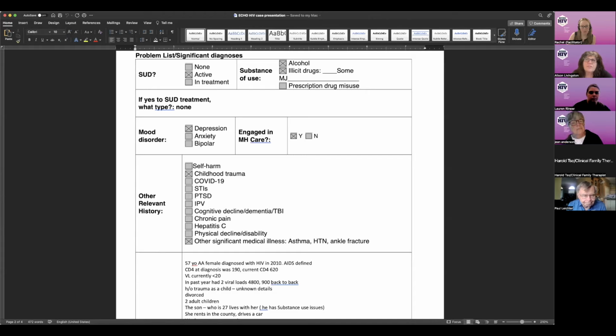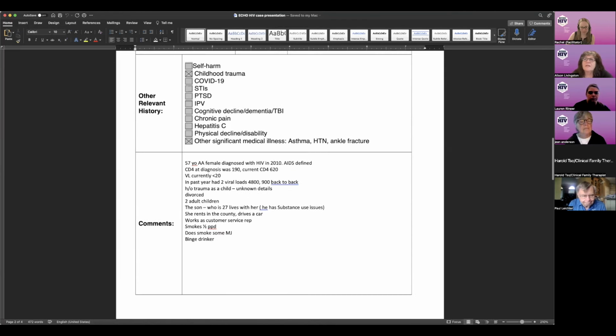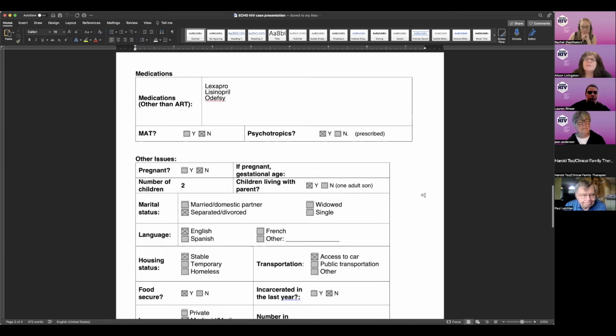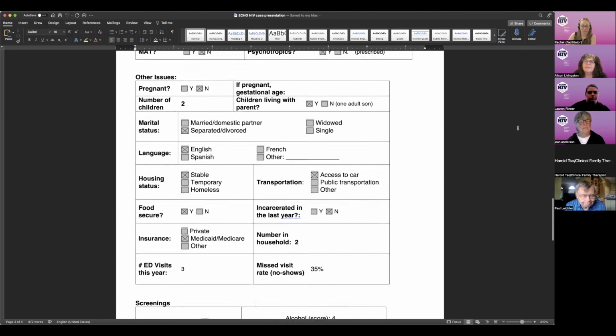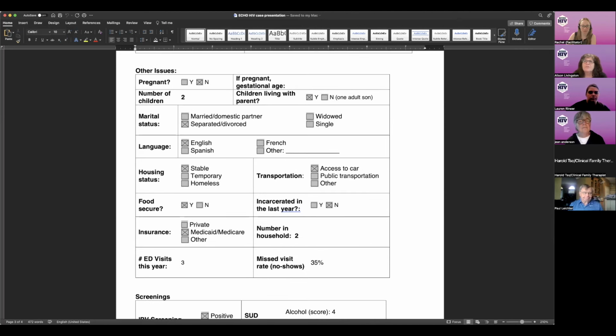She had been previously engaged in care, history of childhood trauma, has asthma, hypertension, a previous ankle fracture. And if we keep scrolling down, she's had medications, Lexapro, lisinopril, Odefsey. Prescribed psychotropic was the Lexapro, and no MAT, not pregnant, 2 children, 1 living with her, which is the adult son who has a substance use disorder.